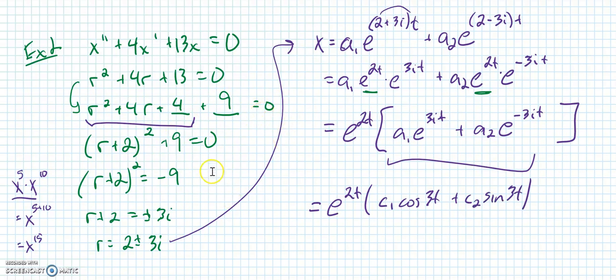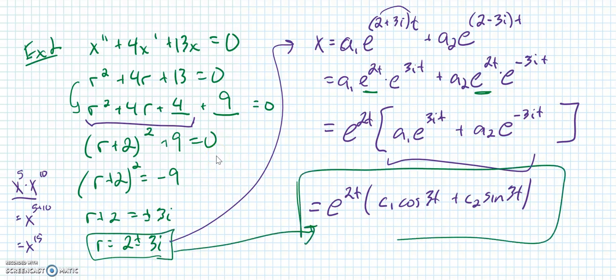So I am totally fine with you, if you are comfortable with it, jumping from here straight to there. Anytime you see the imaginary piece, it just becomes sines and cosines. The rest of it is exponential, right? So you've got this exponentially growing combination of sines and cosines.